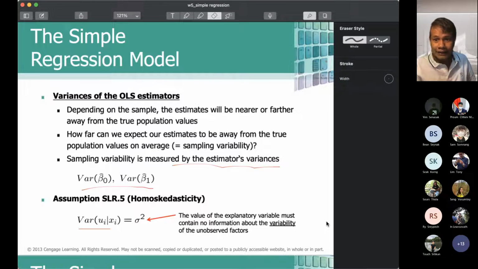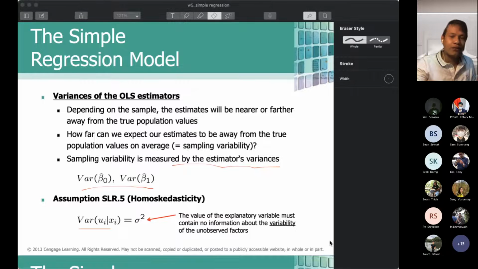Is that clear? So it is different from assumption number 4. All right. Number 4 is about the expected value of the error term. It must be 0. Any other questions?